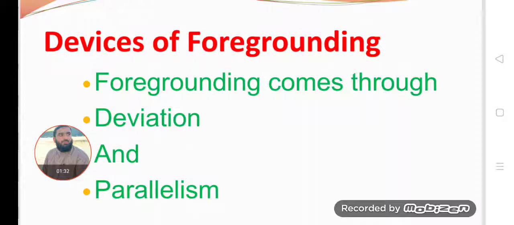So the purpose of foregrounding is to deviate, to bring some change, newness, or novelty in a literary text in order to make it beautiful, clear, interesting, eye-catching and captivating for the readers and for the people who are using literary text.